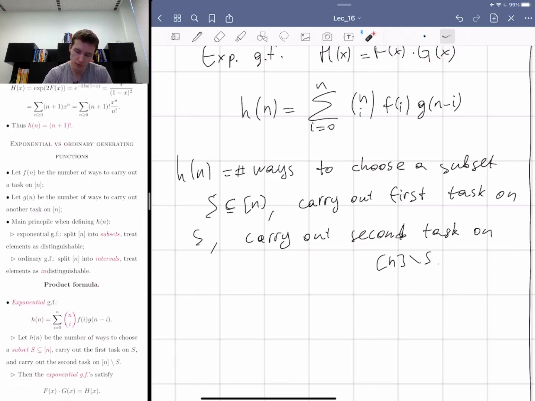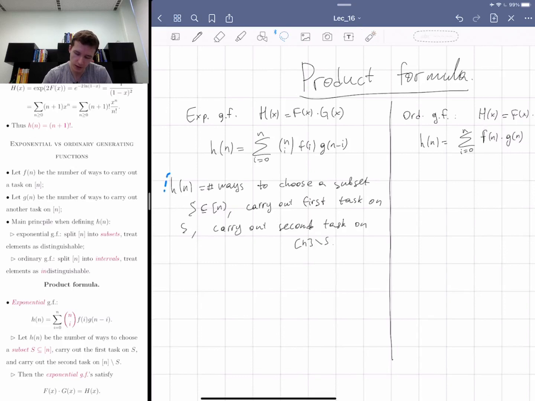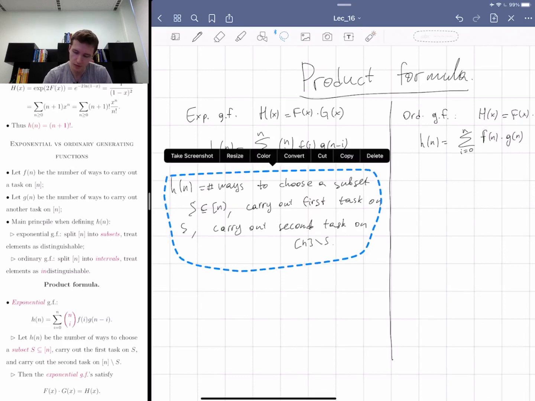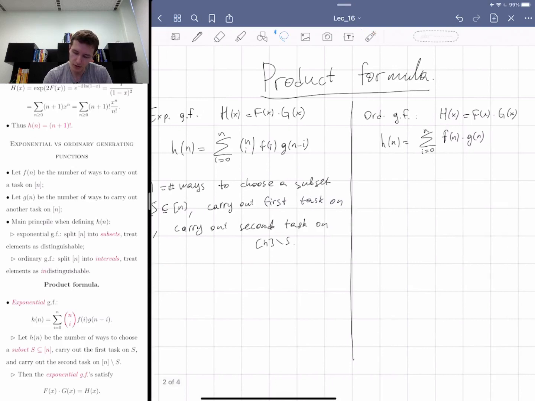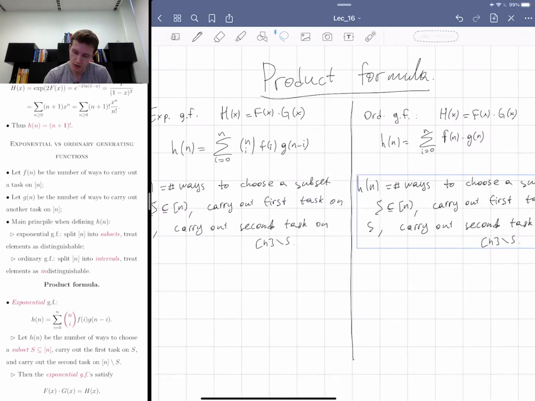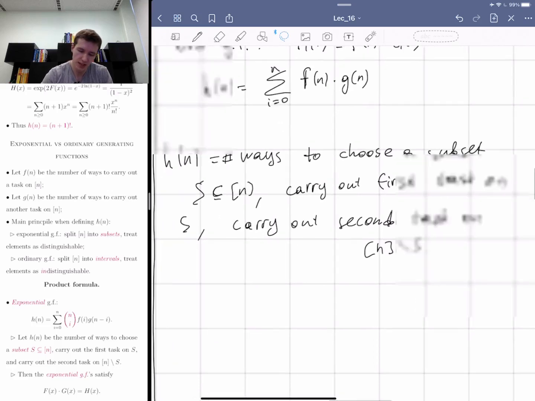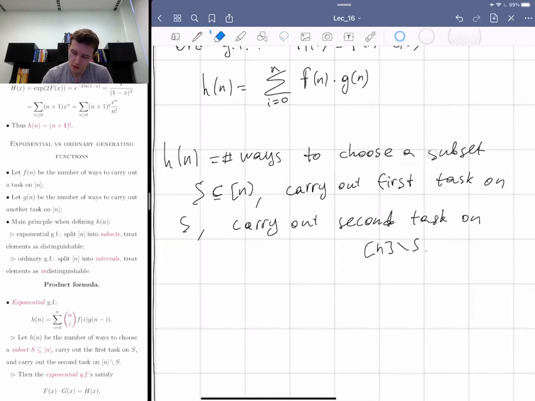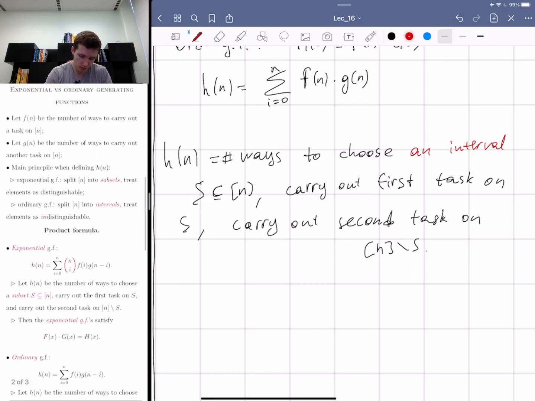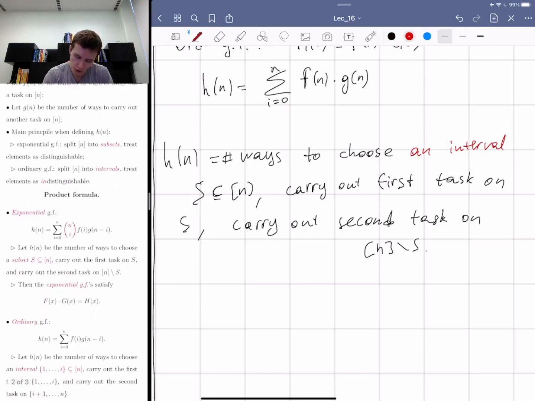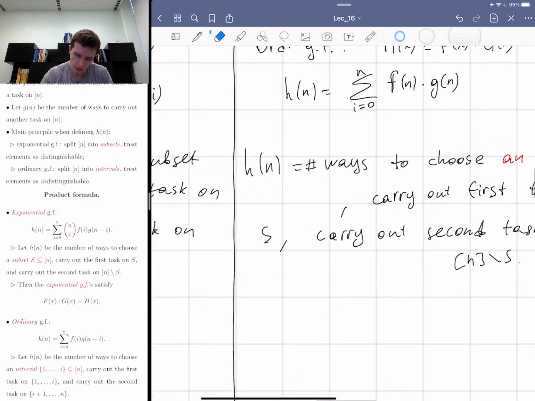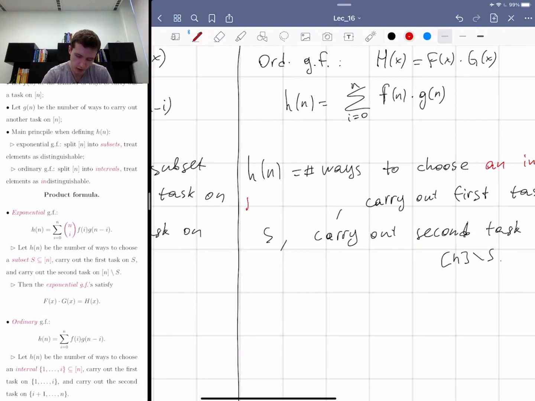Now let me write down the analogous interpretation which applies to the ordinary generating functions. So here it's going to be the number of ways to choose not a subset but an interval. Your interval is going to look like this. It's going to be just the first several elements, 1 all the way up to I, subset of bracket n.